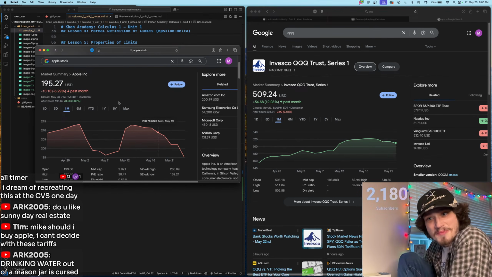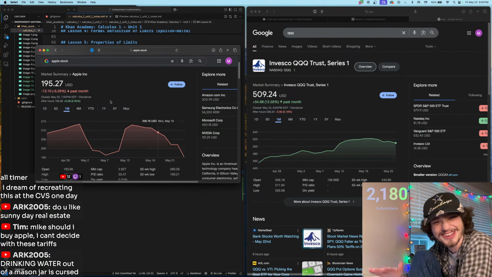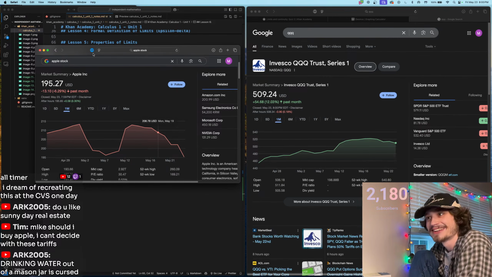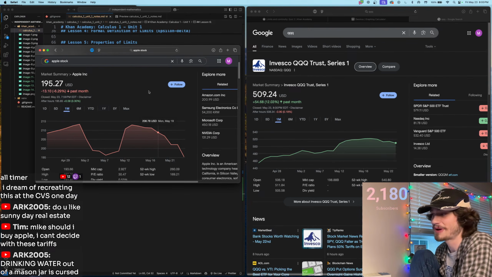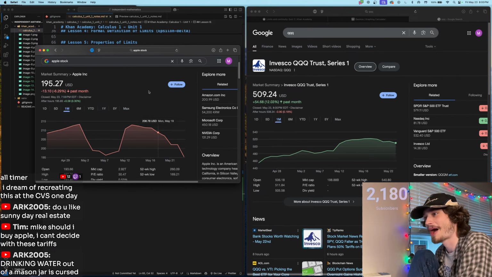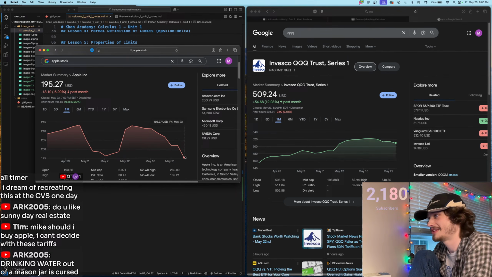Now this is not technical analysis by any means, but I posted in my Discord in the off topic. We like to have fun in there sometimes and throw out some stock plays that we think might come out. We have Apple, extremely undervalued in my opinion for the current status of the QQQ over the past month.